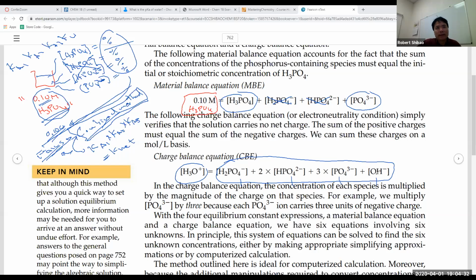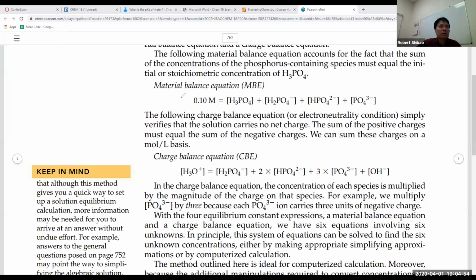Or if we do the combined method, we're eliminating these 2 species here, this one and this one. Then if we use the combined method, it doesn't quite work out. And so we're not going to make any assumptions. We're just going to go through and do the whole thing.